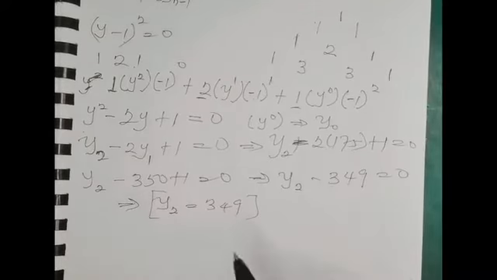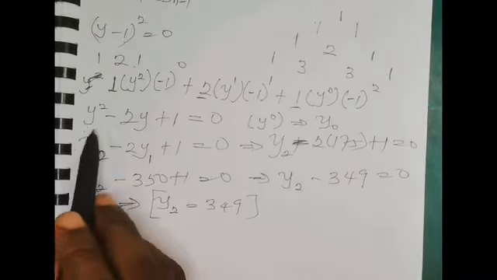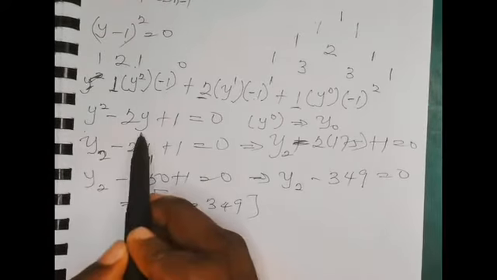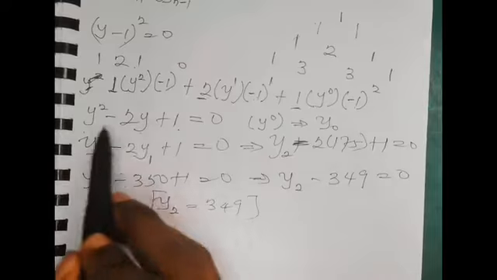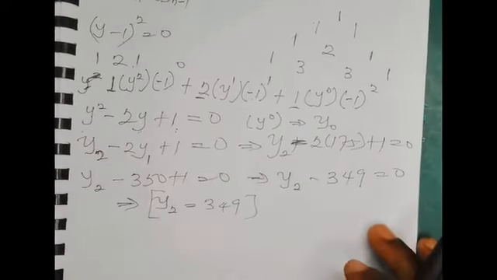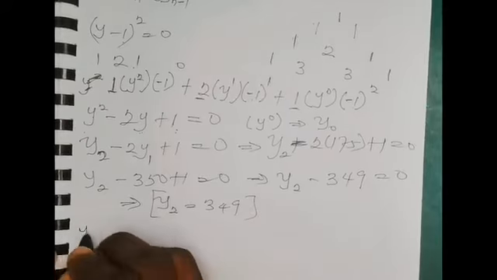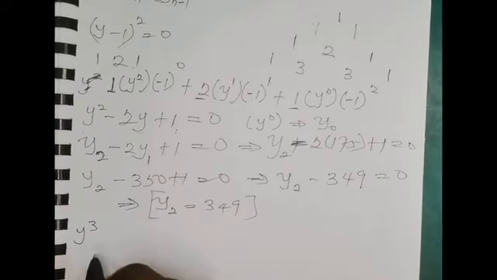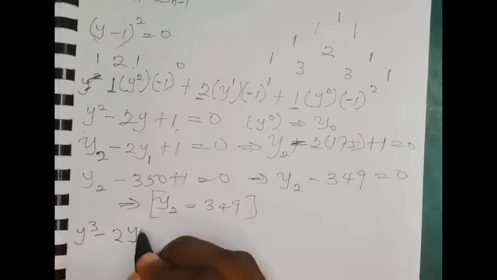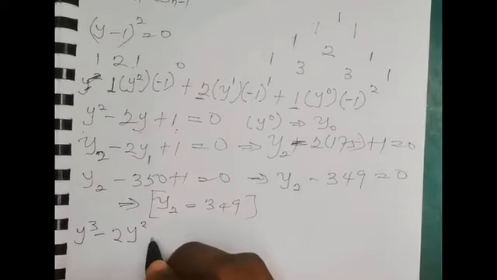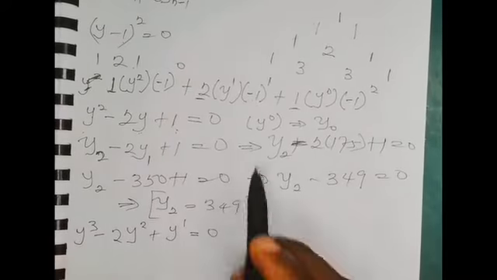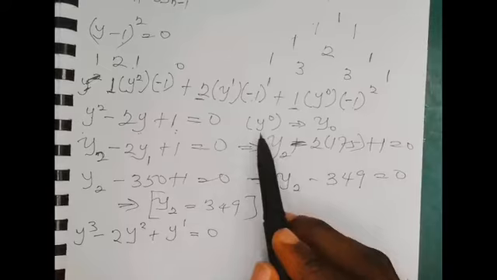Now we want to find y3. We start again by rearranging this equation. So it falls from 2 to 1 to 0. That's what it means. So for y3, we are going to have y to the power of 3. It will now fall. This becomes minus 2 times y to the power of 2, plus y to the power of 1 equal to 0. Remember I said that this 1 simply means y to the power of 0.